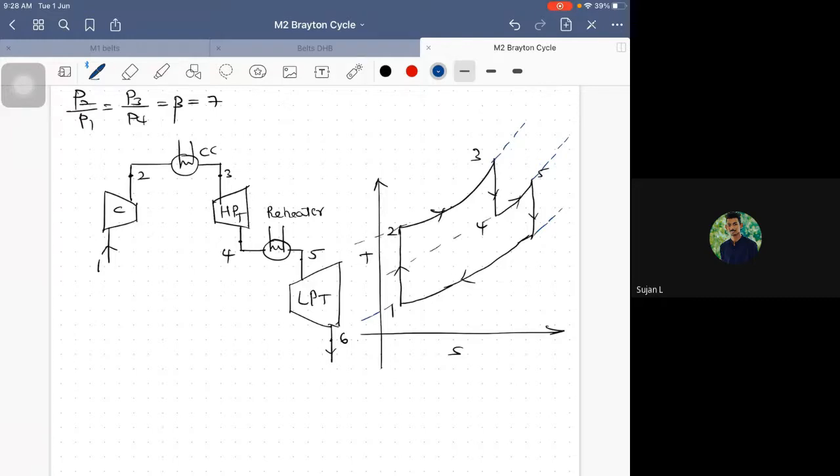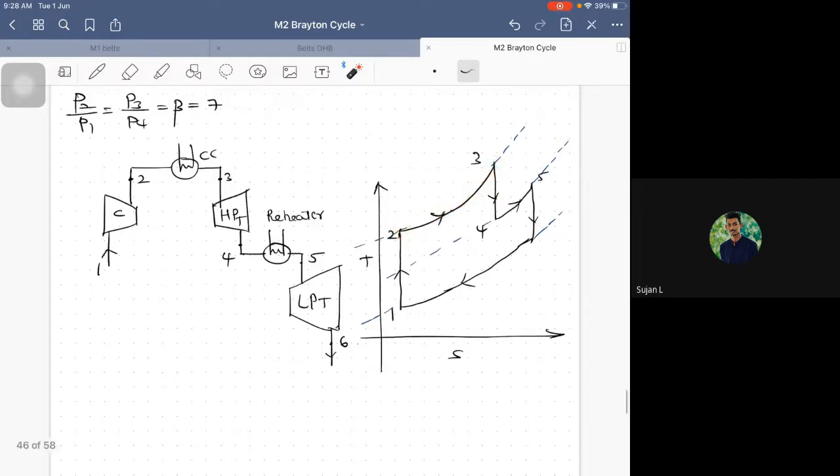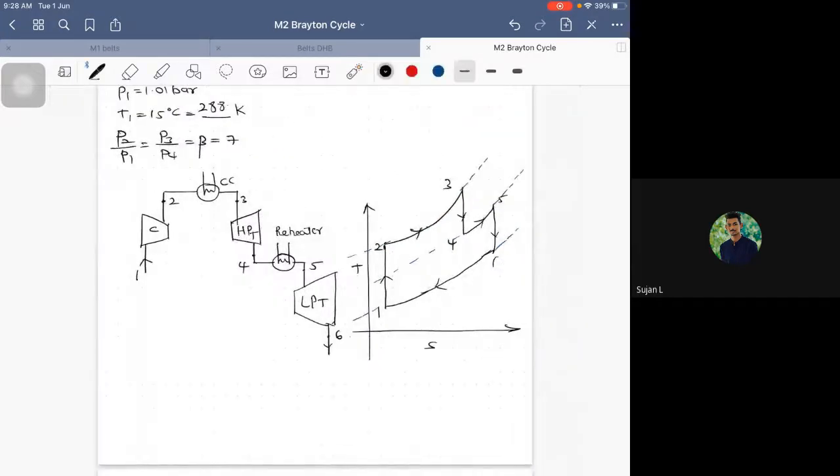Now, this one, 2 to 3, which is the heat addition process, takes place at which pressure? He has not given it, don't worry about it. This is 6 now.